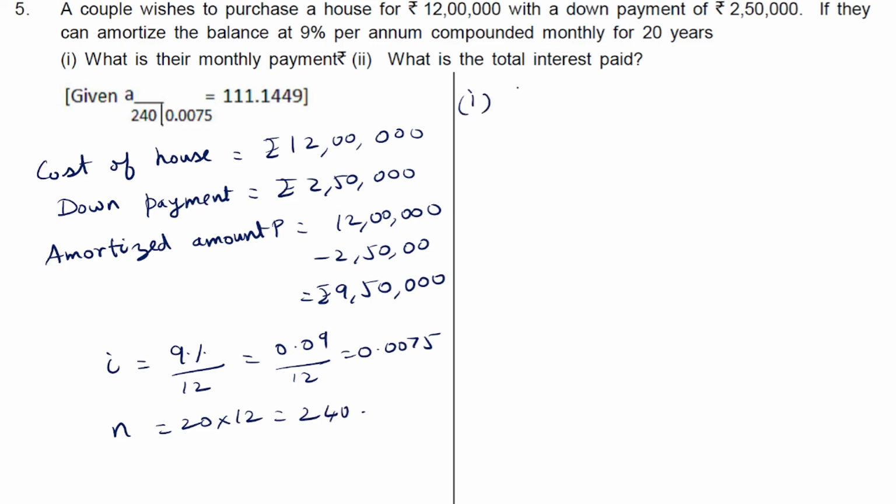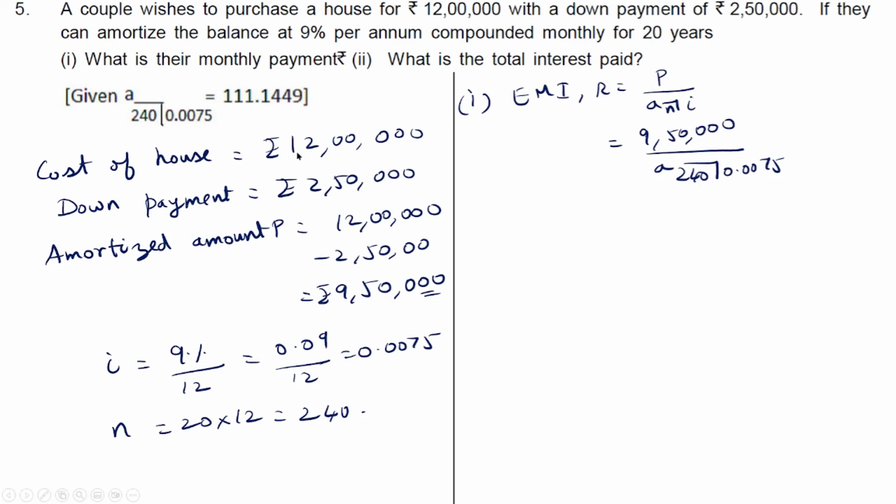First, let us find the first subdivision. EMI R is equal to P upon A at an angle of N for I rate per period. So P is this amount, 9,50,000 upon A at an angle of N is 240 and I is 0.0075.